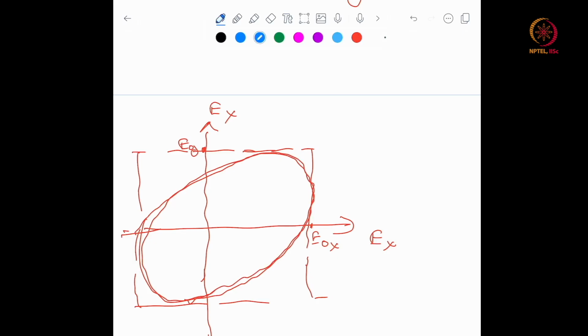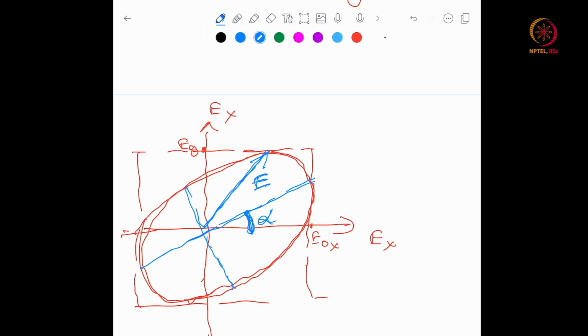This is the major axis, this is the minor axis of the ellipse. This is alpha, the axis of the ellipse.